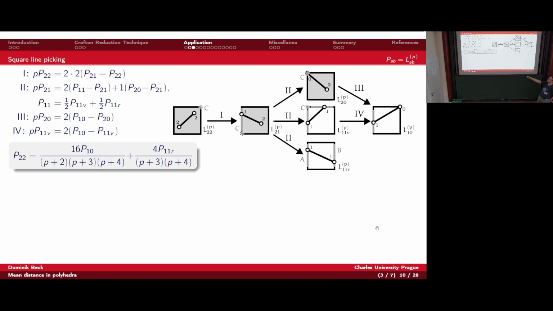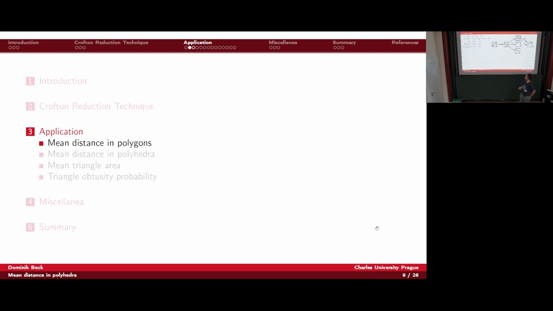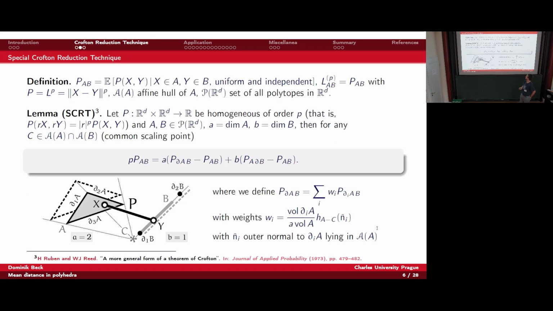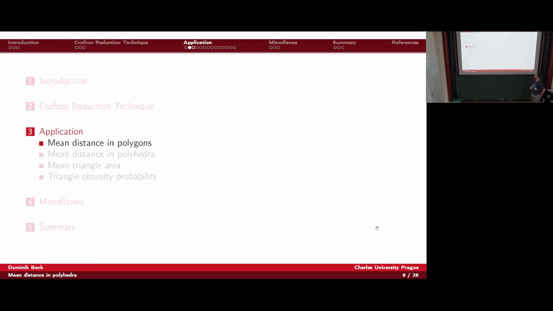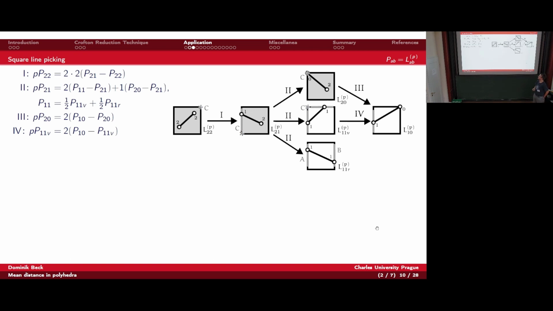I use this notation P, instead of writing PAB, I use lower a and b, where those lower letters mean the dimension of the regions where the points are selected from.